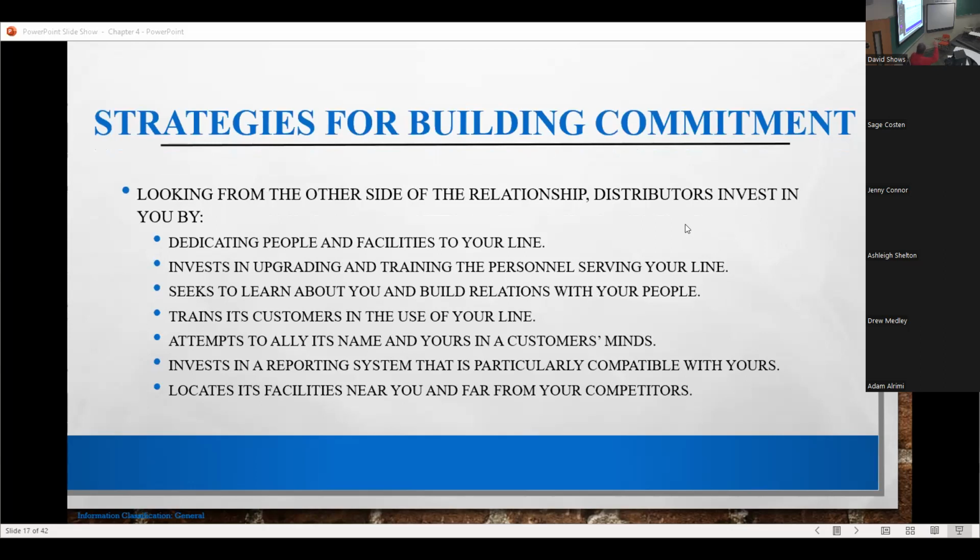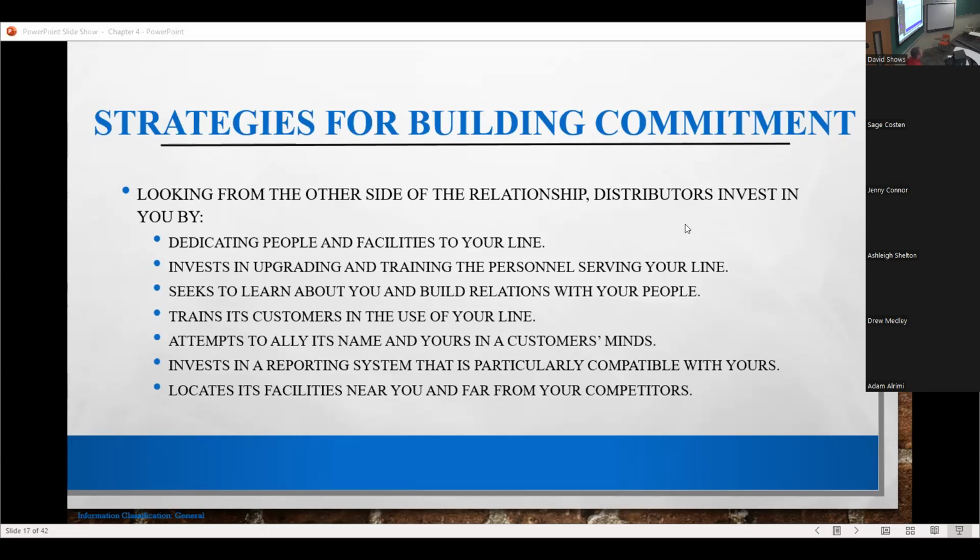So distributors work this out by having individuals in their organization that all they do is dedicate people and facilities to your lines. Now, as I've said before, Walmart and Procter & Gamble have taken this to the ultimate level.